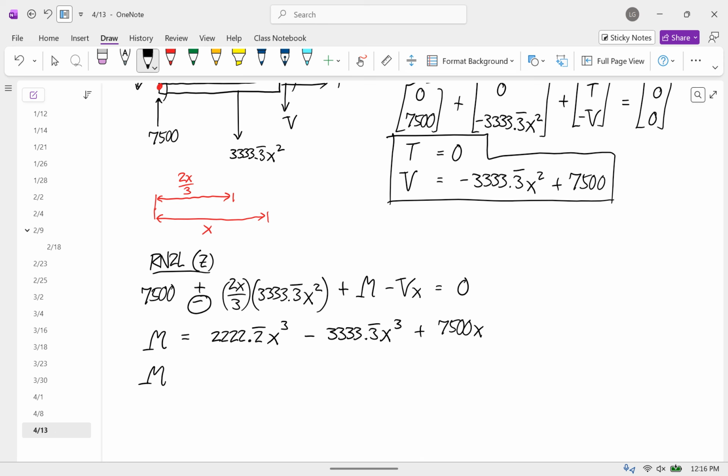And so then the bending moment is negative 1111.1 repeating x cubed plus 7500x.